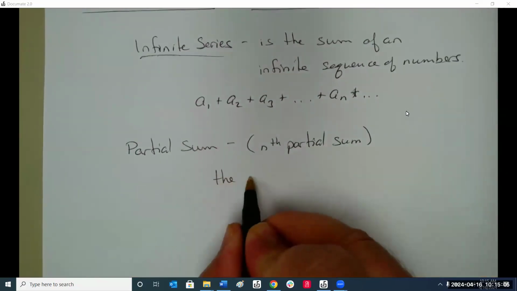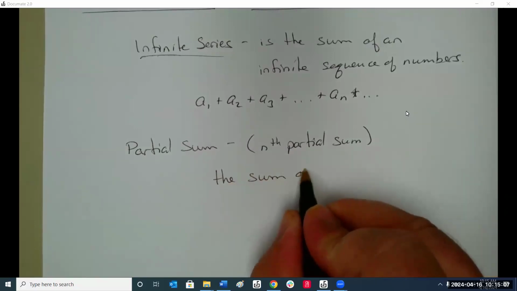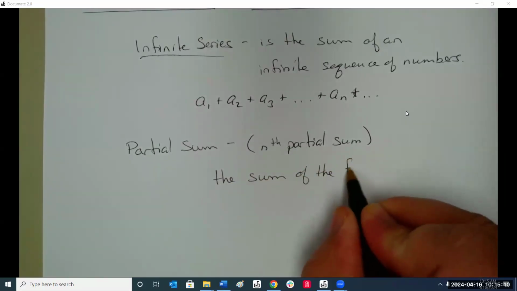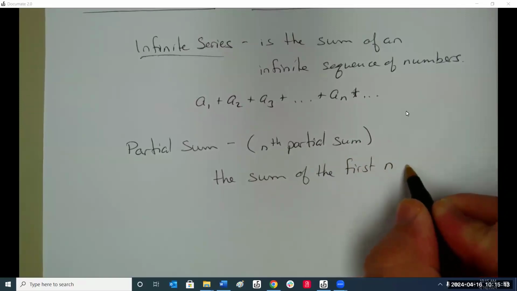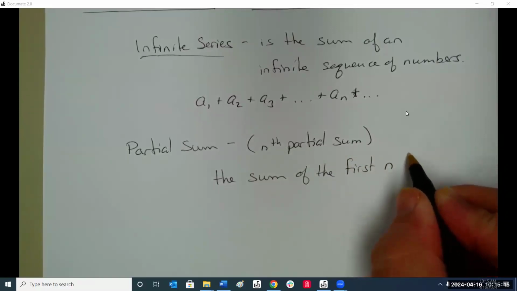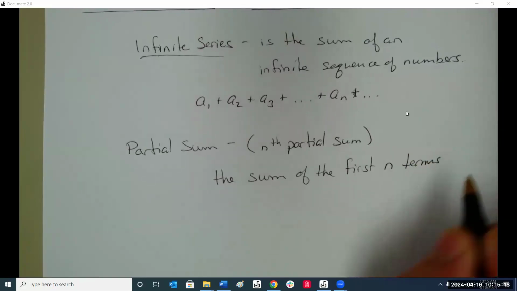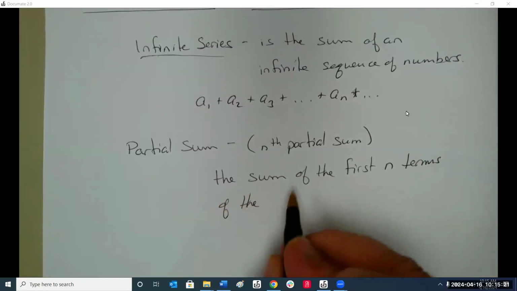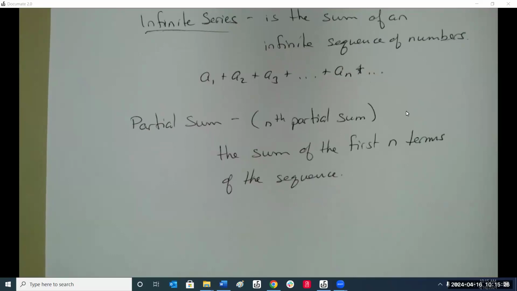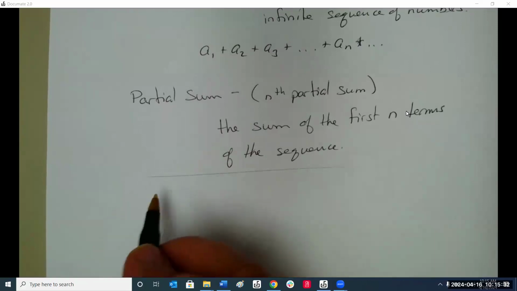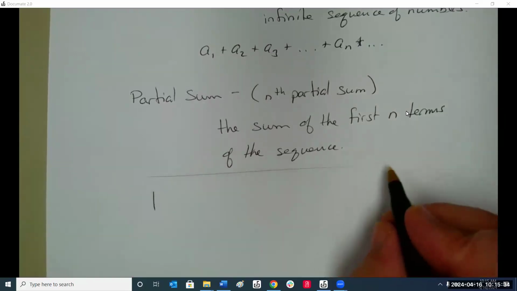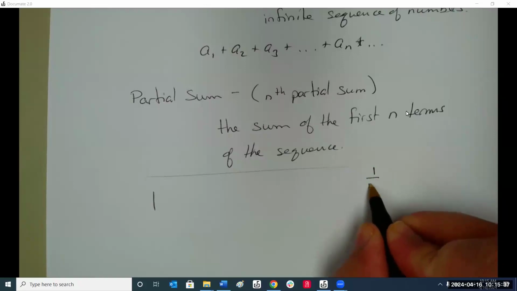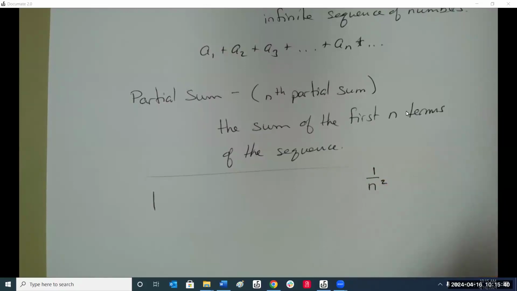It's the sum of the first n terms of the sequence. So what does that mean? What if we had this as our sequence?